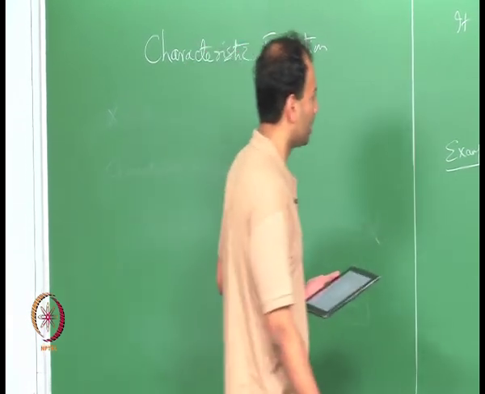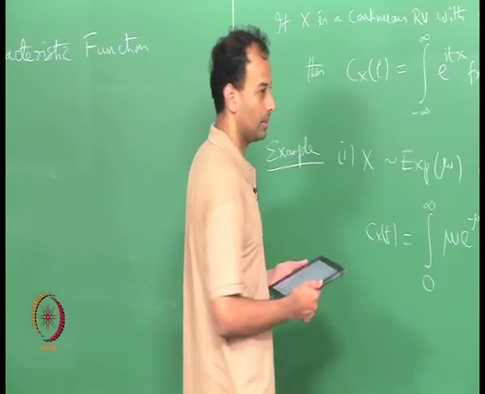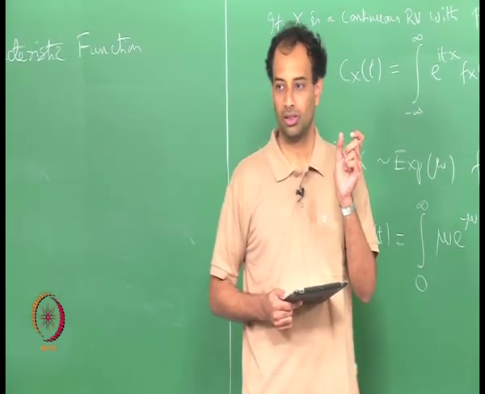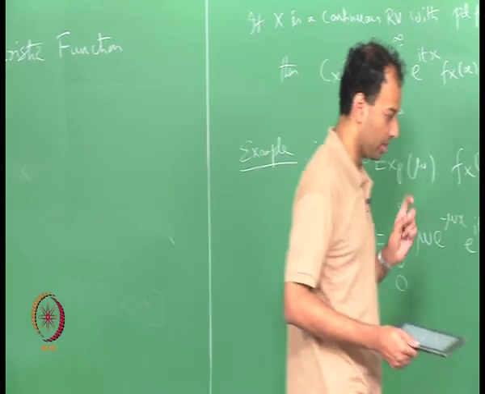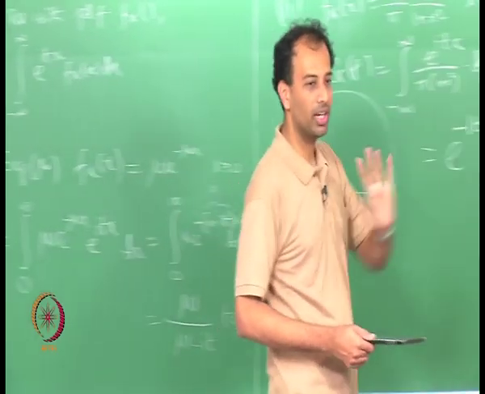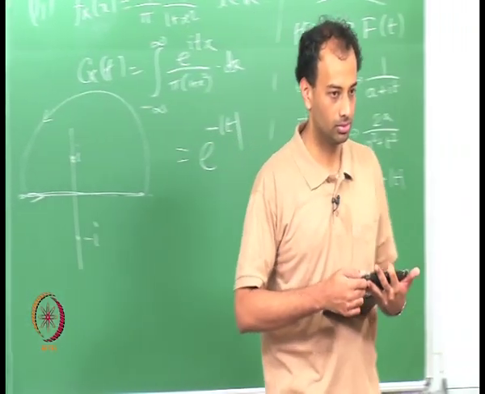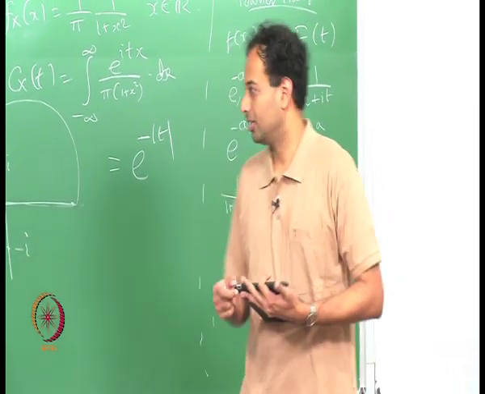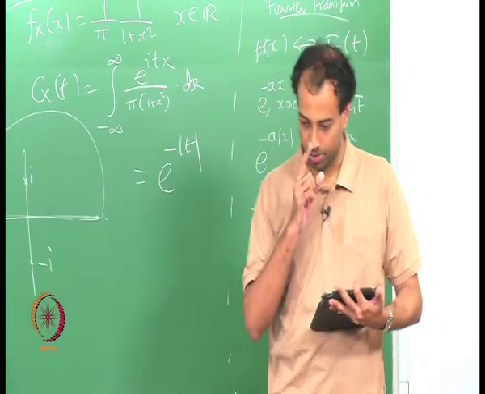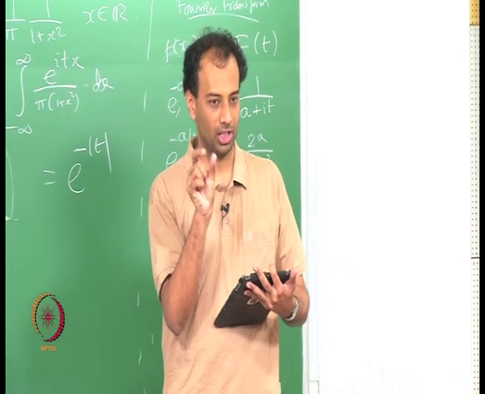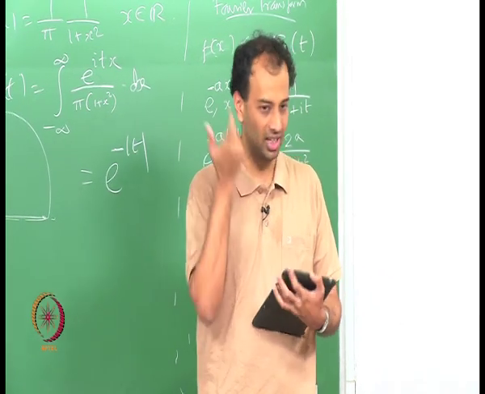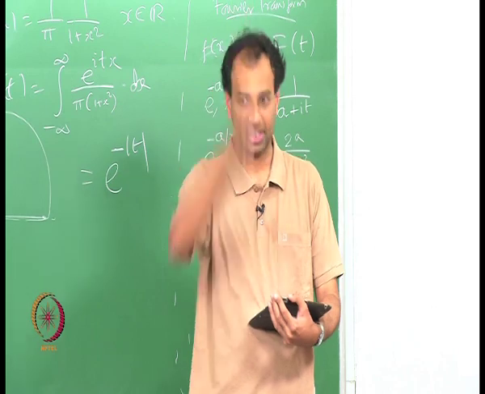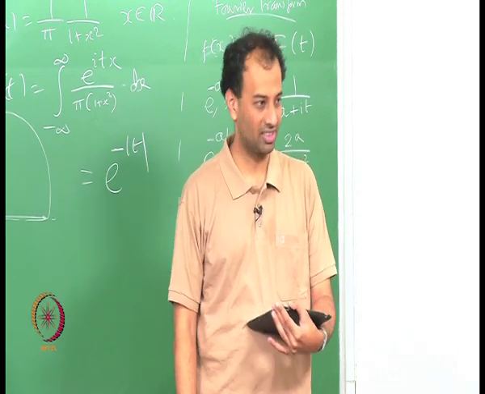In cases where the moment generating function exists in an interval, you can obtain the characteristic function by simply putting s equal to I t. When the moment generating function exists in some interval around the origin, you know that it is an analytic function, and therefore it is in fact analytic on the imaginary axis as well.